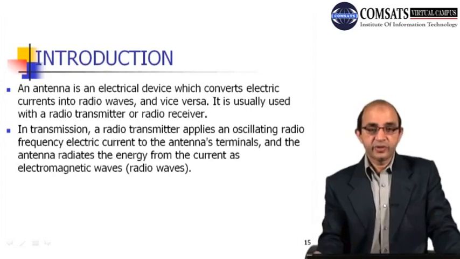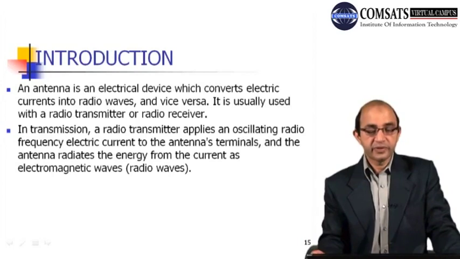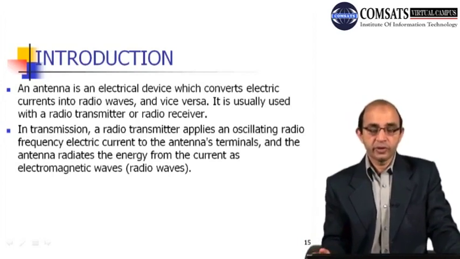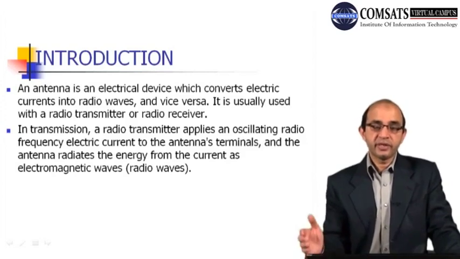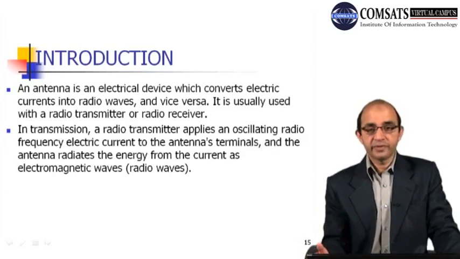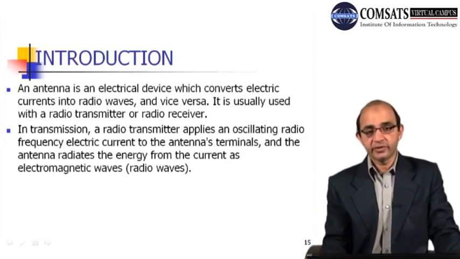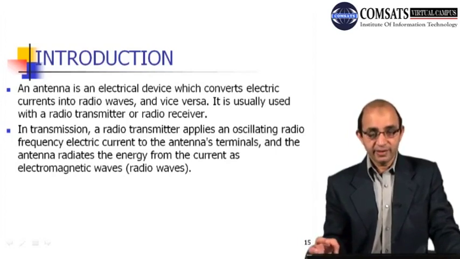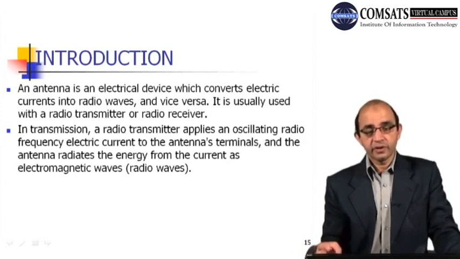So here we have the definition of an antenna. An antenna is an electrical device which converts electrical current into radio waves and vice versa. A transmission antenna transmits electrical currents as radio waves, while a receiving antenna receives those radio waves, and there is some circuitry or termination point where those waves are received maximally and converted into electrical currents.